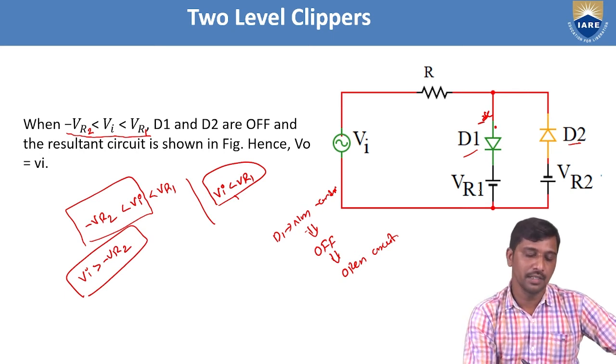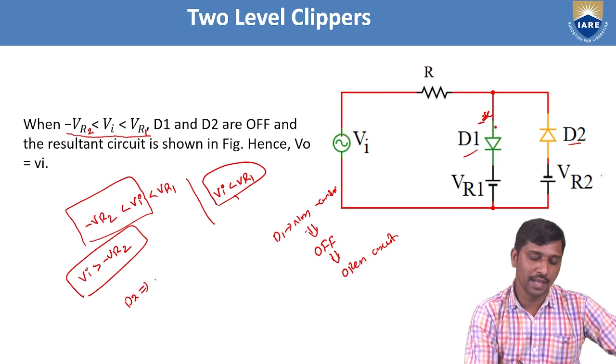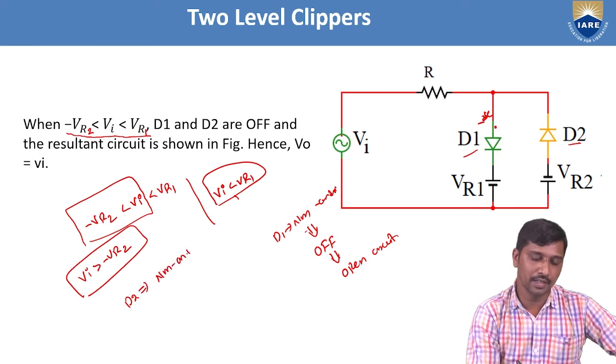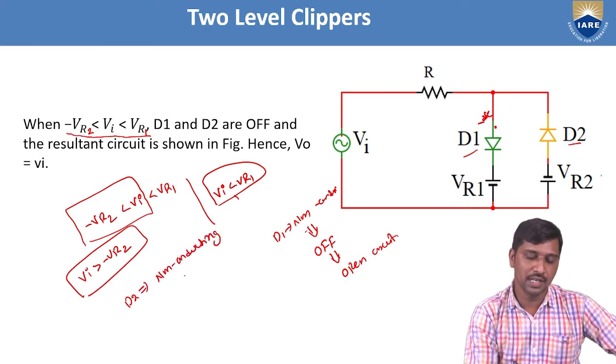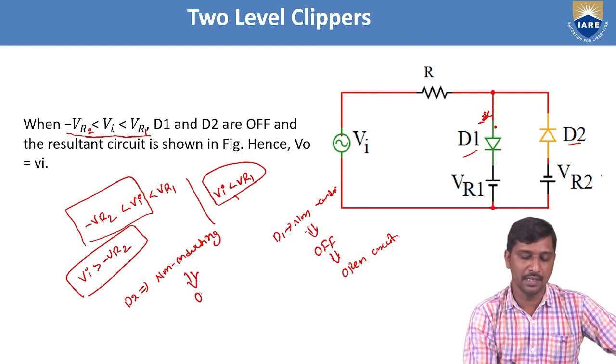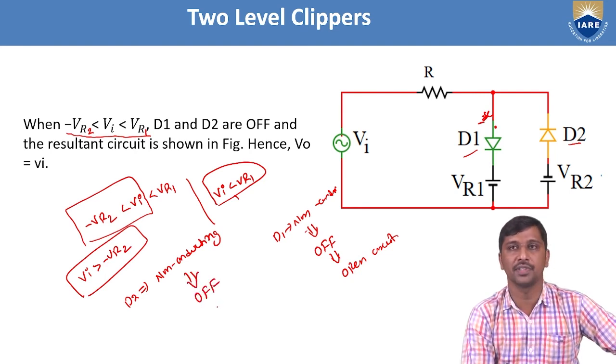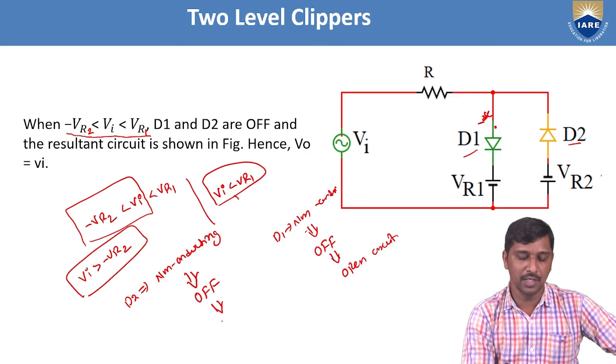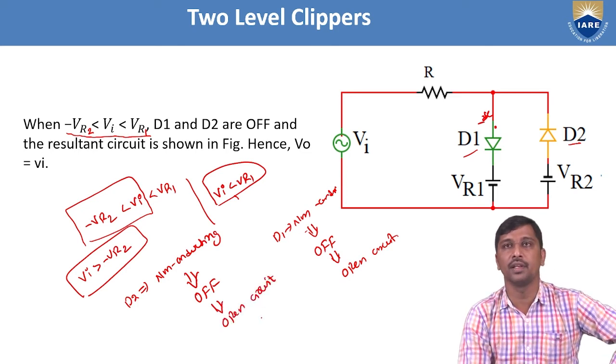Hence, D2 also acts as non-conducting, so the D2 state is off, and D2 is also represented as an open circuit model.